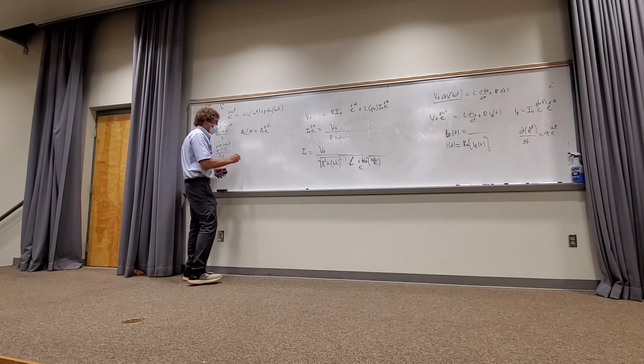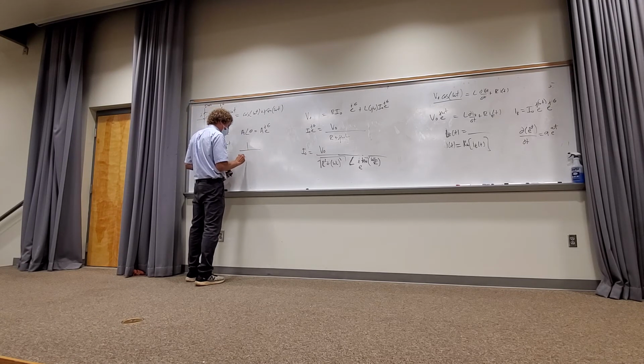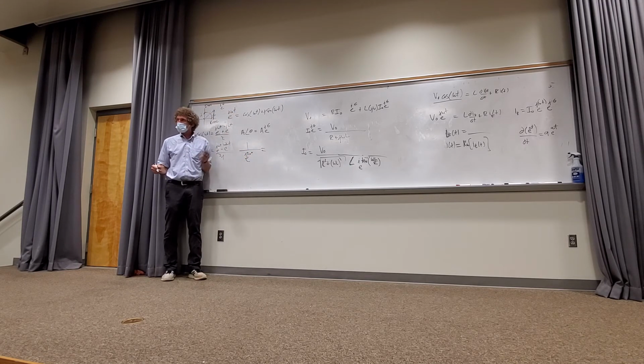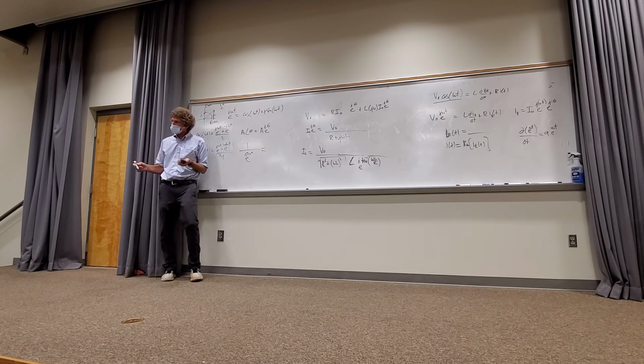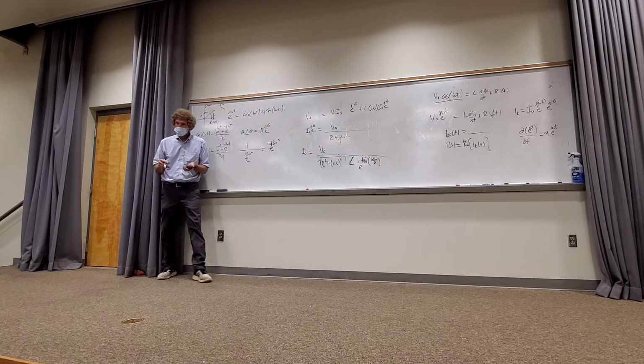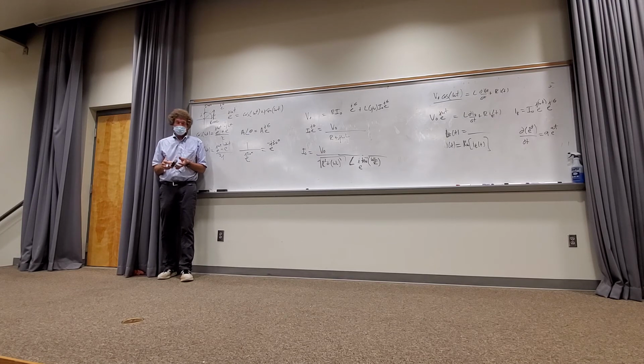Now what happens if I have 1 over e to the j 30 degrees, and I want to take it upstairs? Do you remember what happens? The angle goes negative. It'll just be e to the minus j 30 degrees because it inverts, right? Y'all remember that? Like 1 over e to the a is e to the minus a. This is standard basic mathematics.